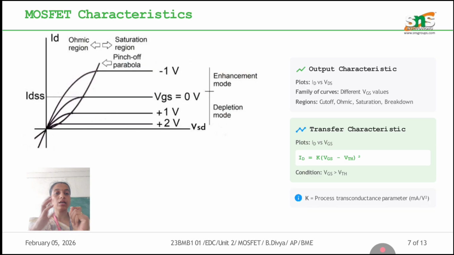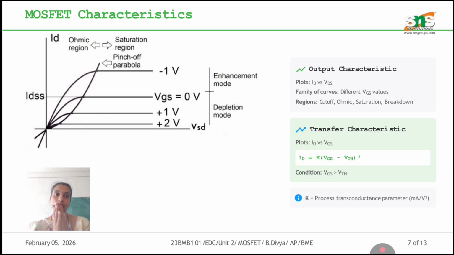As the gate source voltage increases, the waveform is generated. In this waveform, we can find these regions: cutoff region, ohmic region, saturation region, and a breakdown also. The pinch off region is there, and the ohmic region is there. The ohmic region is where the gradually increasing part of the current is.